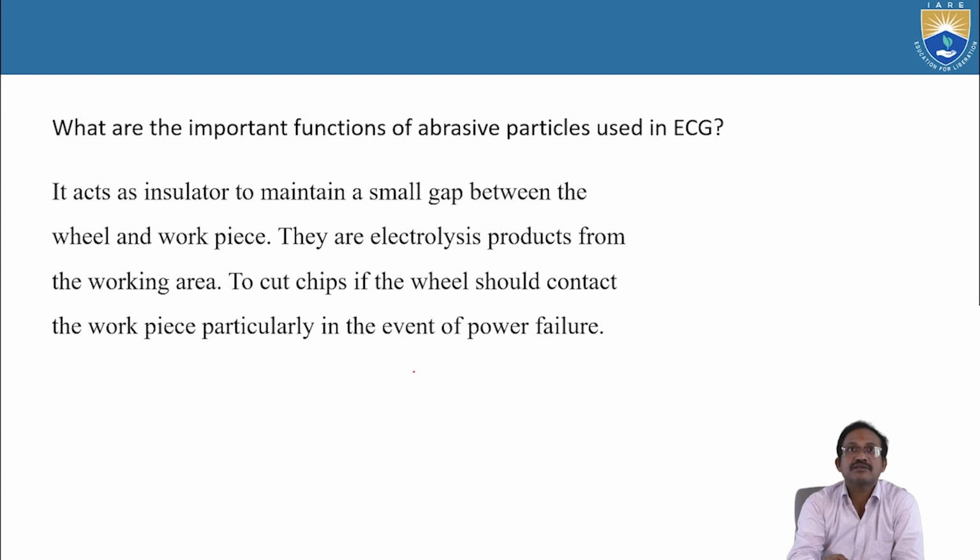To cut chips, the wheel should contact the workpiece, particularly in the event of power failure.